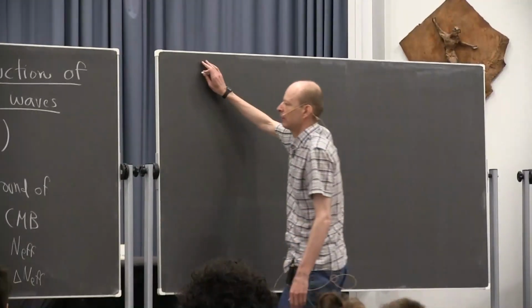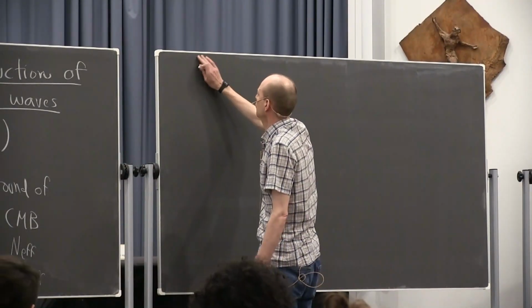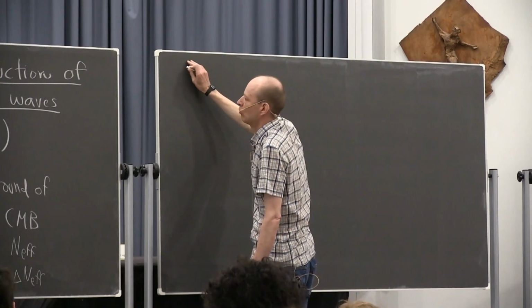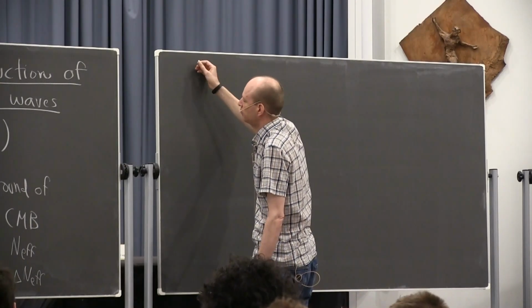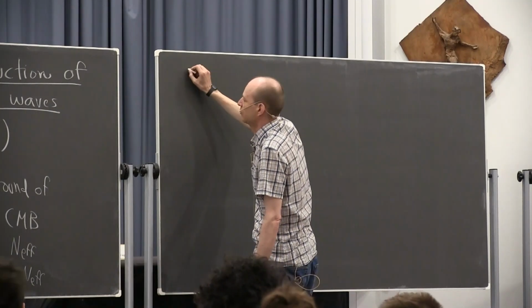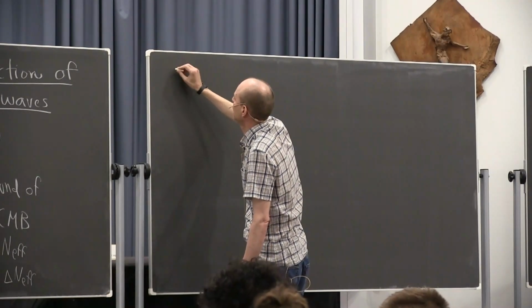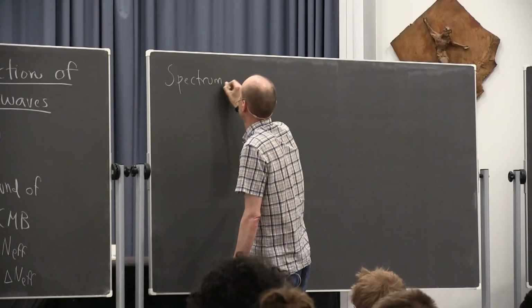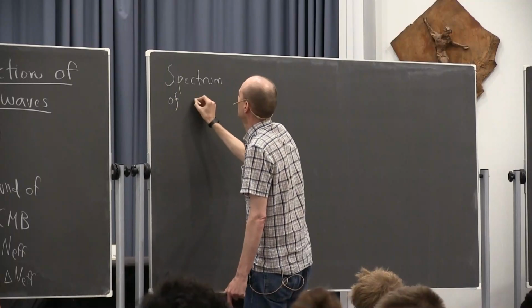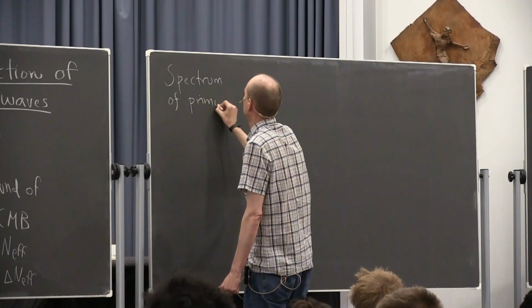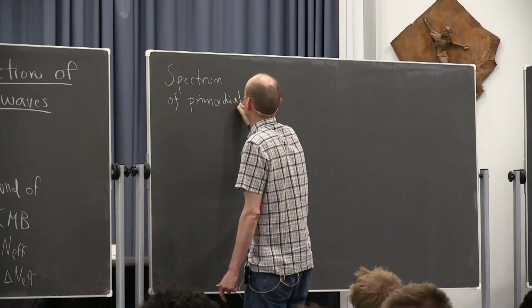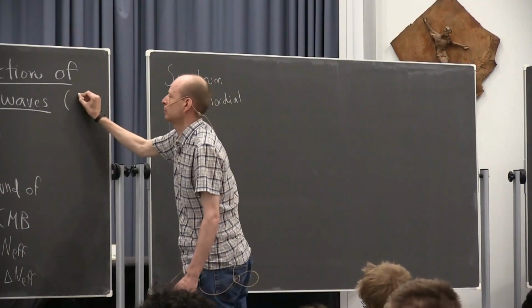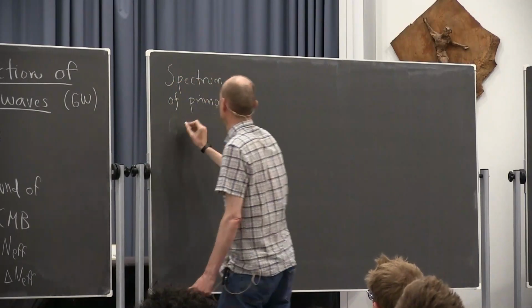Okay, so now before we get there, an overview of the spectrum of primordial gravitational waves. It's called MGWs.